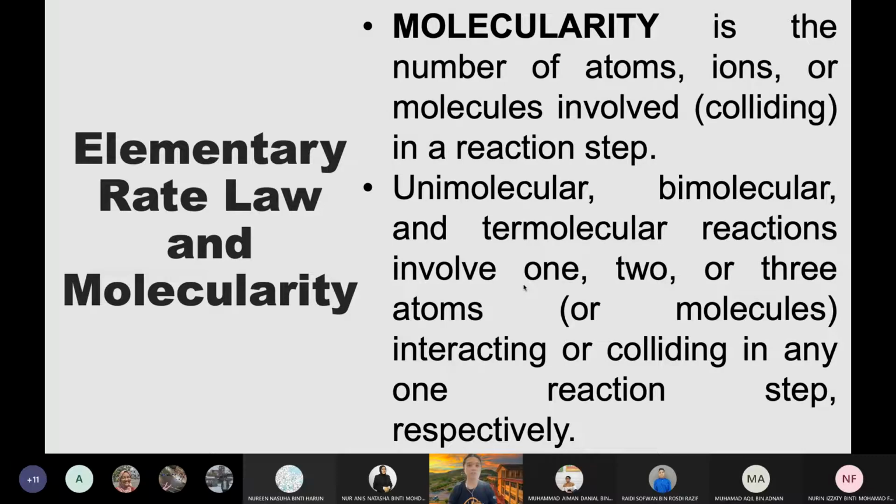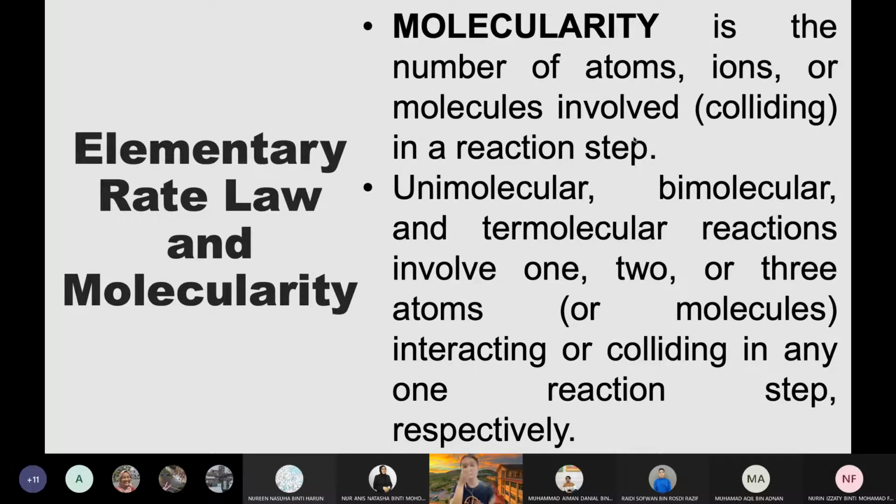Okay, so this is just a basic knowledge. Molecularity is the number of atoms, ions or molecules involved colliding in a reaction step. So I told you before kan, contohnya katakan I told you just now, kalau reaction tu second order, most likely it's actually involving two molecules, right?